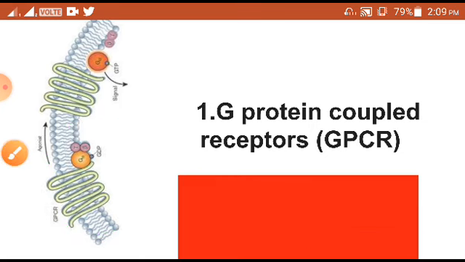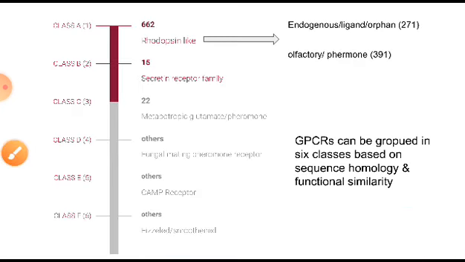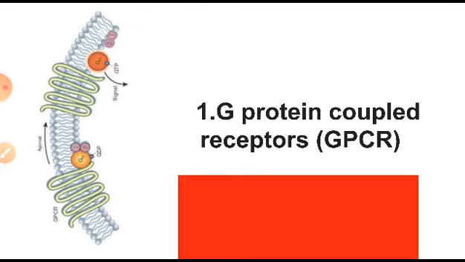So we will discuss the G protein coupled receptor. Here we have to see the structure of the receptor, as well as the mechanism of the receptor and how this receptor actually produces its effect.